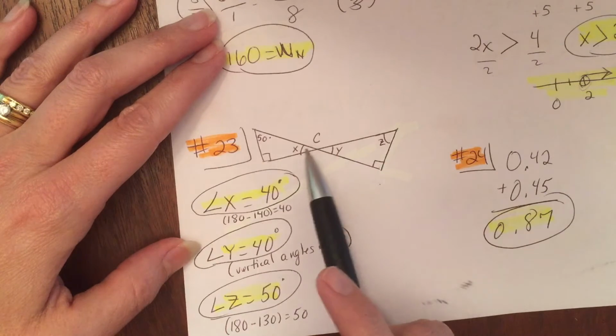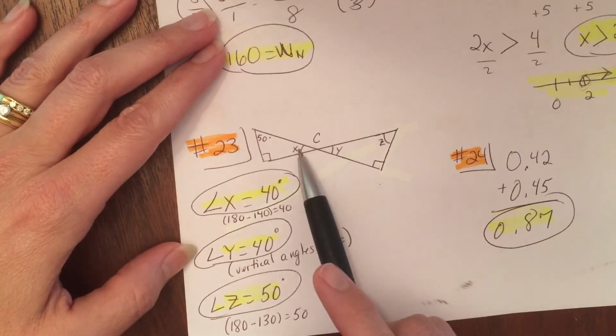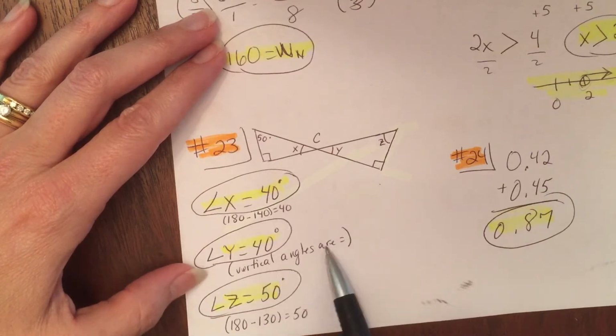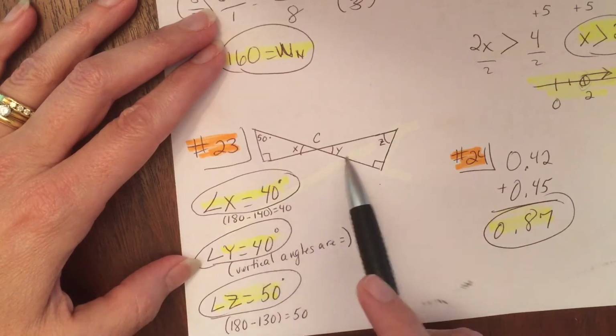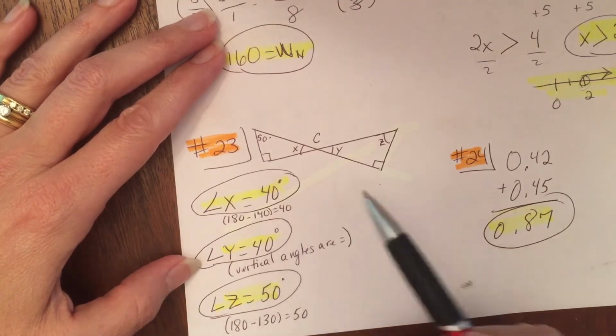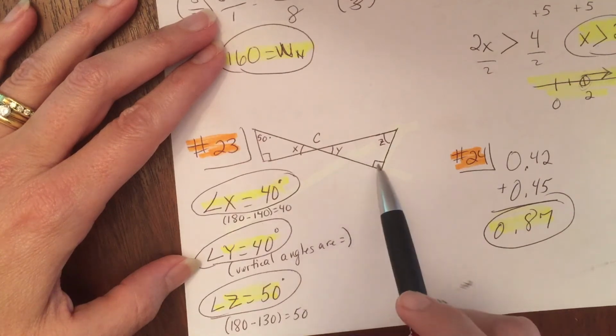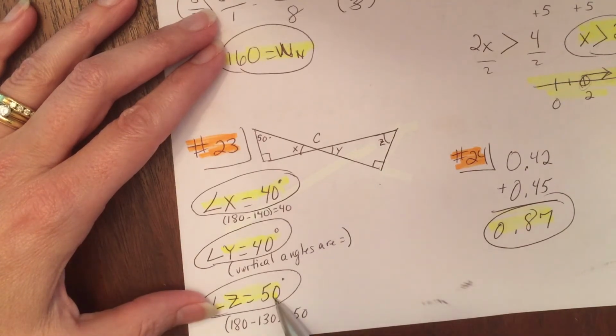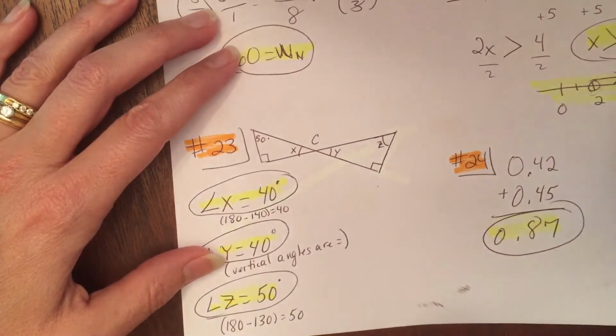Well, angle y is a vertical angle to x. Vertical angles are equal. So angle y is also 40 degrees. Now if I know this one is 40, this one is 90, 40 and 90 make 130, 180 minus 130, angle z has to be 50 degrees.